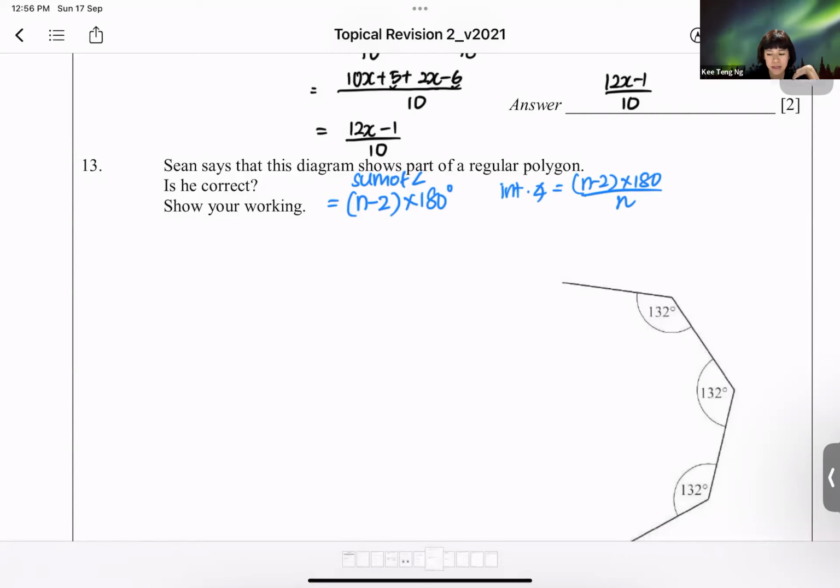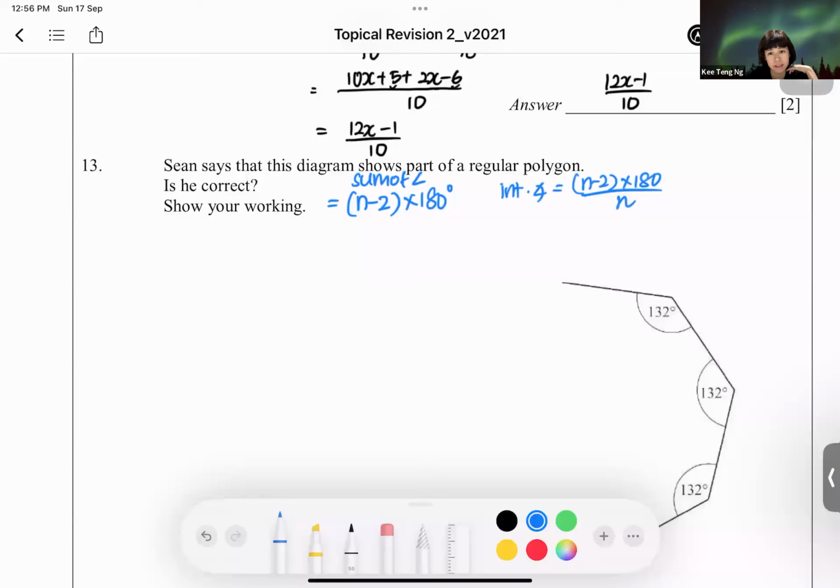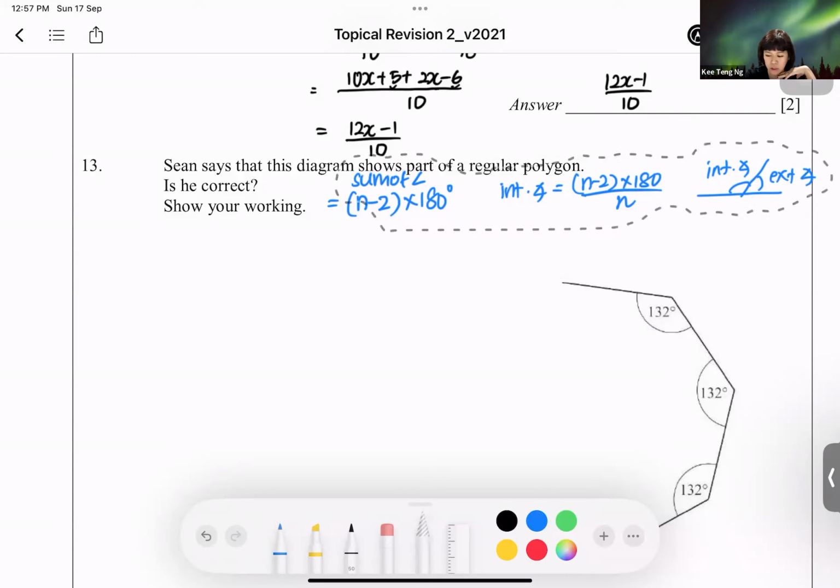Right? Then next, concept of exterior angle. So the interior angle and the exterior angle add up to 180 degrees. We know that the sum of the exterior angles, all the angles added together, forms a circle. So sum of exterior angles is 360. Okay, so these are some of the concepts that we must definitely know.